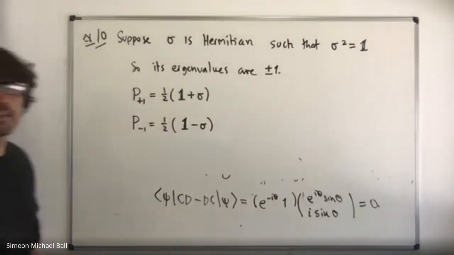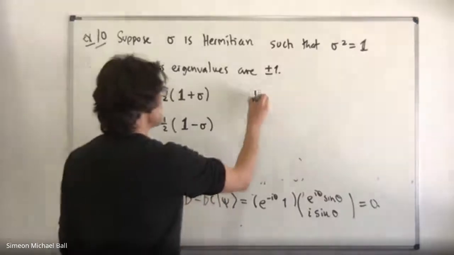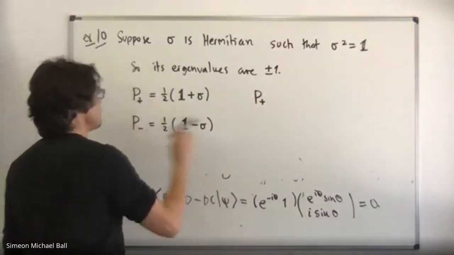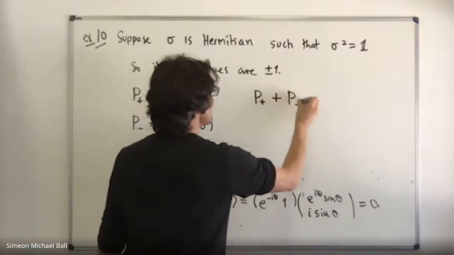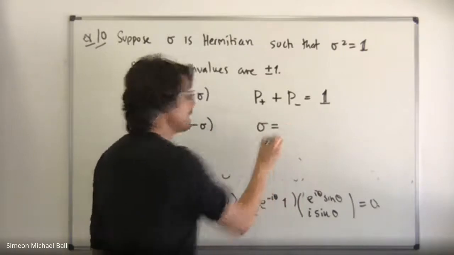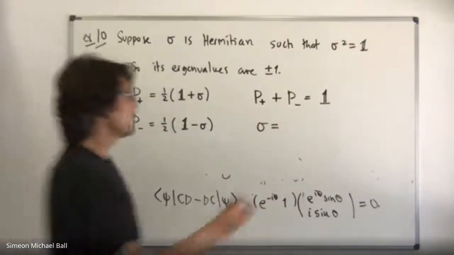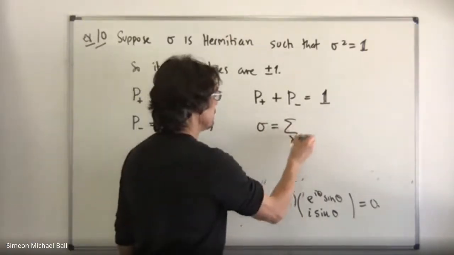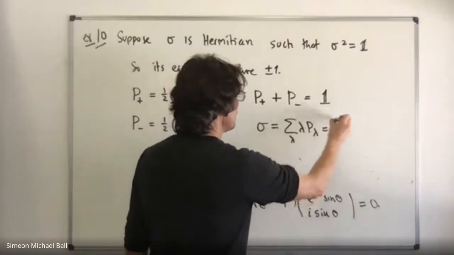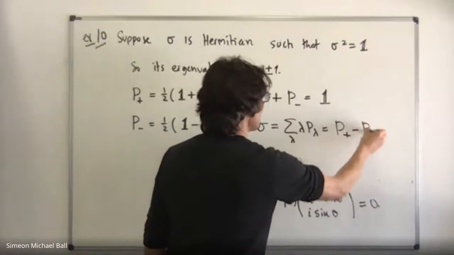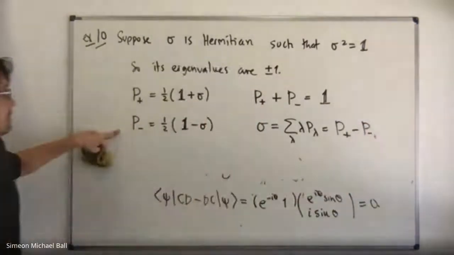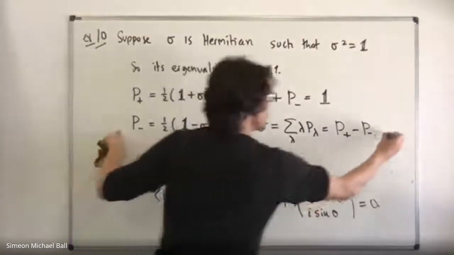Why? Well, very easily I can show you why. Let's just call them P plus and P minus. P plus plus P minus is indeed the identity, and we know that sigma should be the sum of lambda P lambda. So that should be plus 1 of P plus minus 1 of P minus, and that works, right? So if we take them away, then we get sigma. So check.